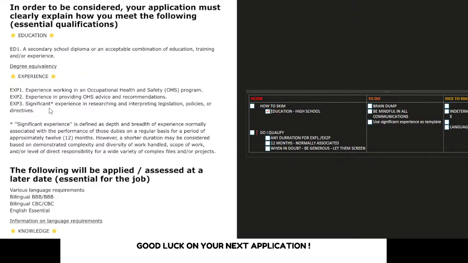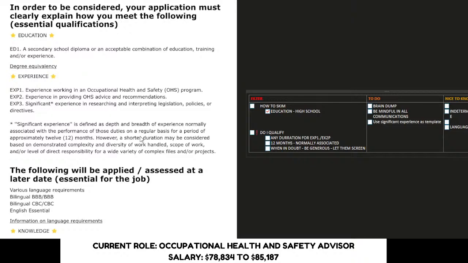And then with significant, there's the asterisk. And even though there's that asterisk here and it says 12 months, and this is a really special poster because they're actually pretty clear about this. It isn't usually this clear. There's a qualifier here. I think it says normally associated. There it is. Normally associated with the performance of those duties on a regular basis for a period of approximately 12 months.